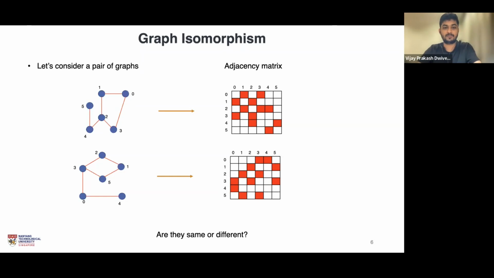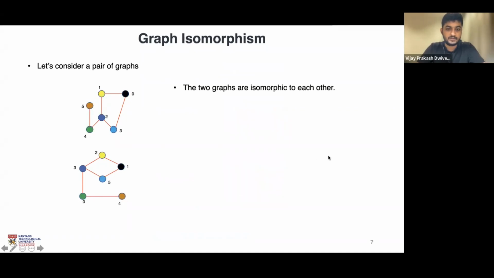But since the number of nodes and the number of edges are the same, the next thing we need to see is if there is a one-to-one correspondence between the nodes that preserves the edges. If so, then we can say that these two graphs are isomorphic. Let me show you in the next slide. The two graphs actually are isomorphic to each other. It's just plotted in a different fashion, but both graphs are the same because there exists a one-to-one correspondence.